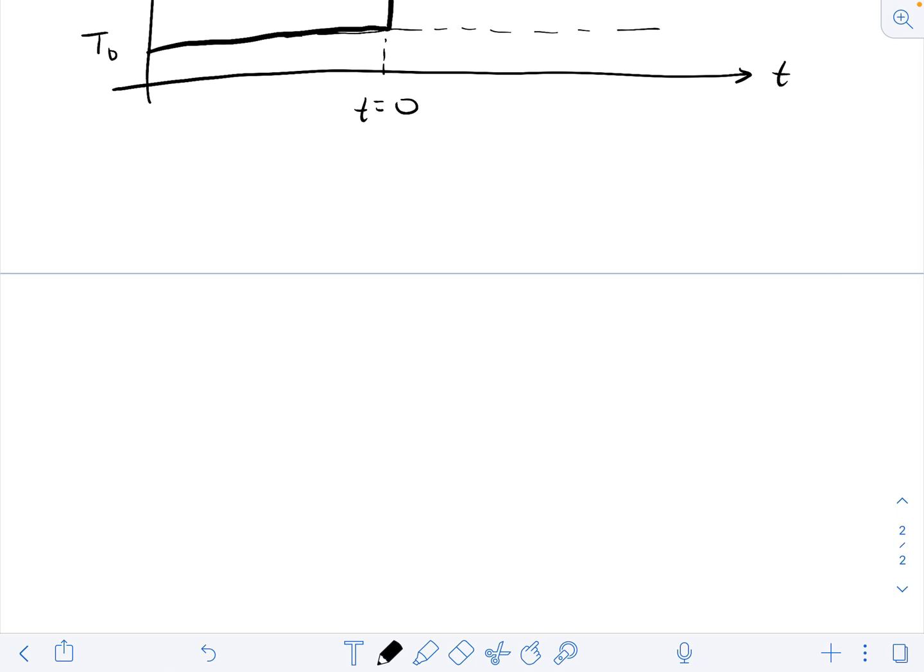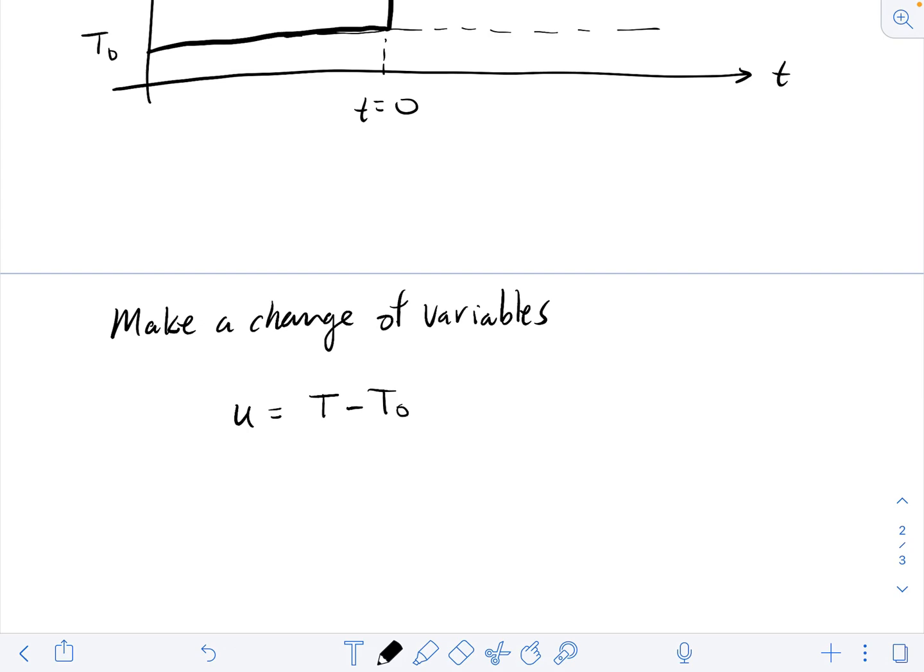What we're going to do is make a change of variables. So we're going to define u to be T minus T0, so that T is u plus T0. Our 1D heat equation involves a time derivative of temperature, but because T0 is a constant, the time derivative of T is equivalent to the time derivative of u.